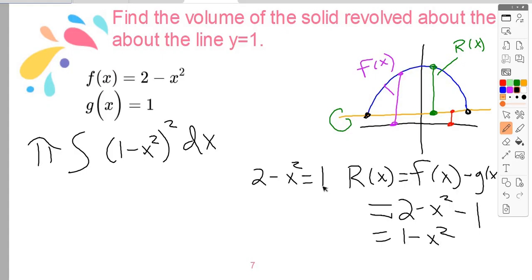So I can set them equal to each other and solve. Notice that I get 1 equals x squared. So x equals plus or minus 1.